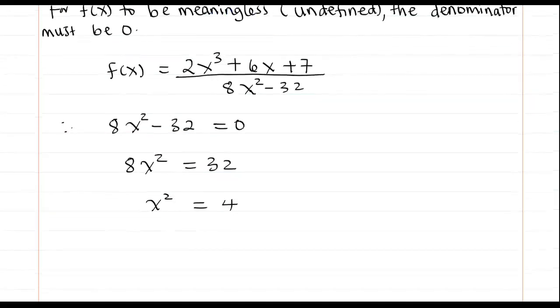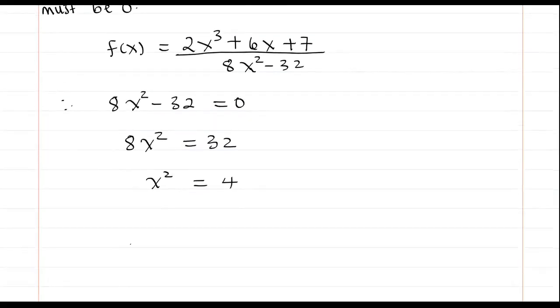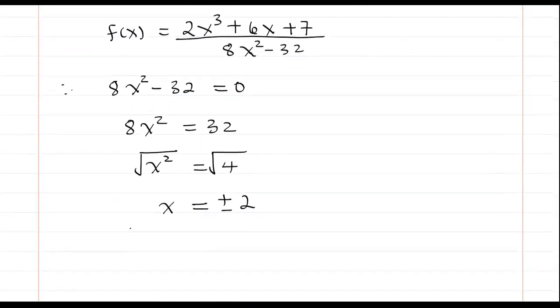Then I take the square root on both sides, and I will have x equal to plus or minus 2, because the square root of any number is plus or minus the exact root. So these are the values of x. Therefore, our solution is x should be 2 or x should be negative 2.